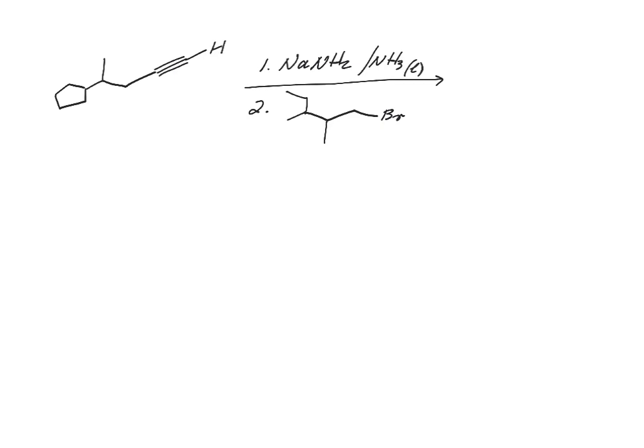In the first step, we add sodium amide, which is a strong base, in anhydrous liquid ammonia. The base serves to deprotonate the terminal carbon atom. This hydrogen is slightly acidic, with a pKa of about 25. So the mechanism of the first step involves deprotonation.